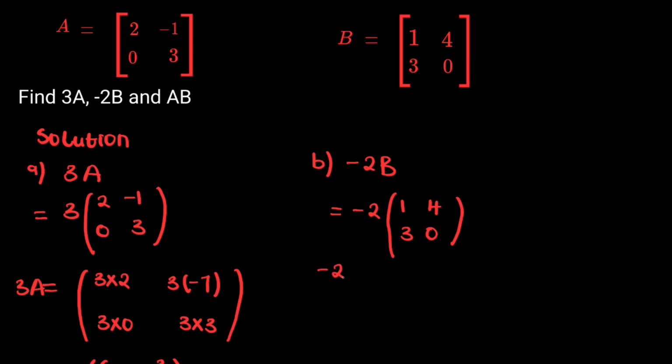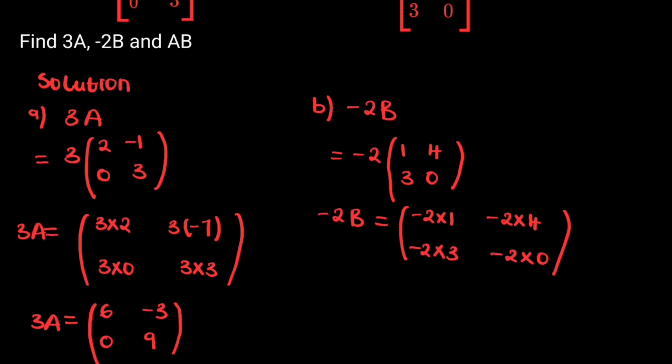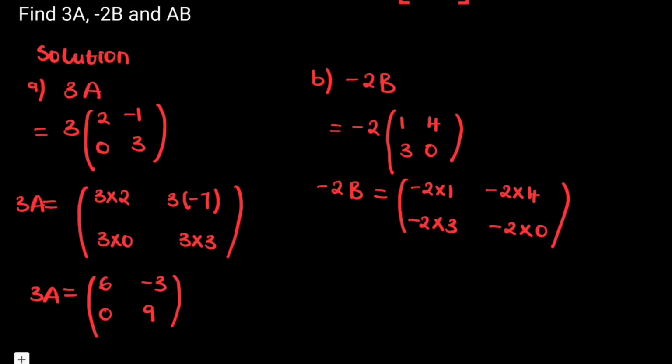So minus 2B is equal to minus 2 times 1, minus 2 times 4, minus 2 times 3, and minus 2 times 0.